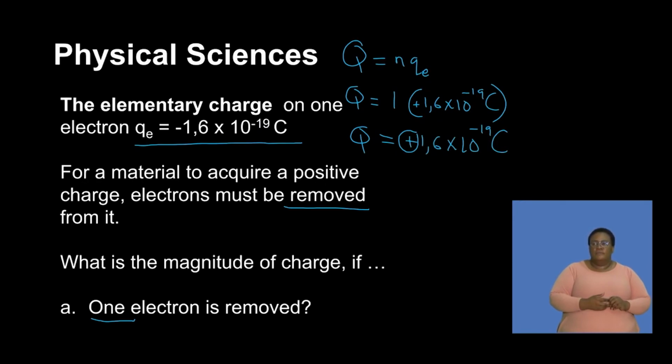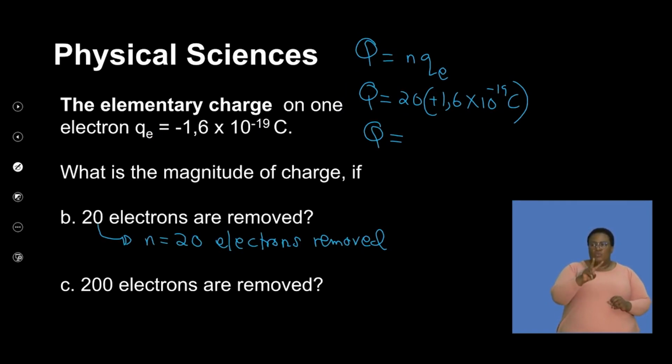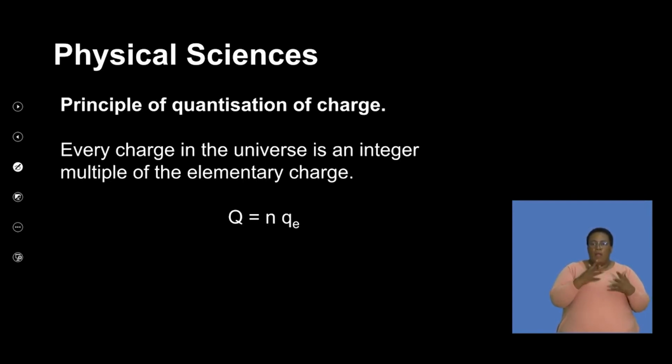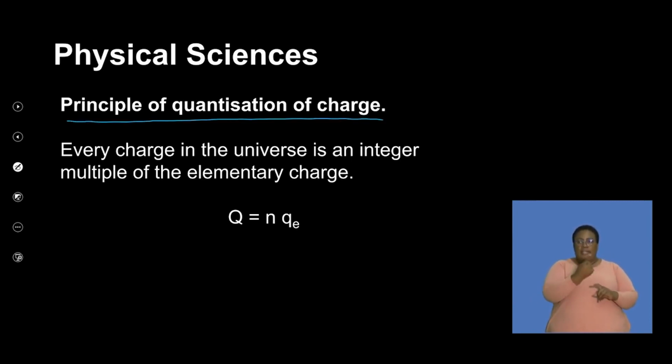Q is equal to 3,2 times 10 exponent negative 18 coulombs. So we can immediately pick up that trend to say the charge will definitely be determined by the amount of electrons added or removed.